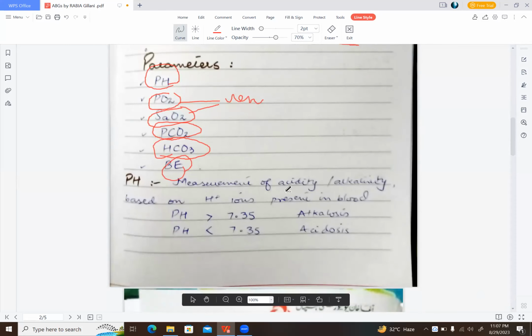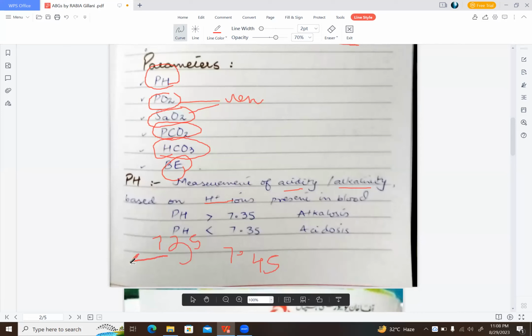pH is the measure of acidity or alkalinity, and it is based on the hydrogen. What is the normal value? 7.35 to 7.45.